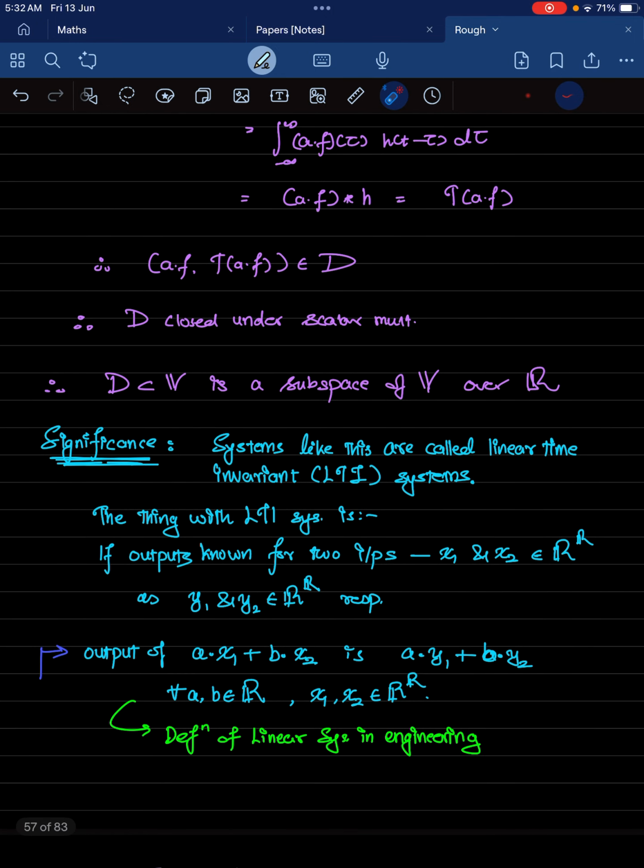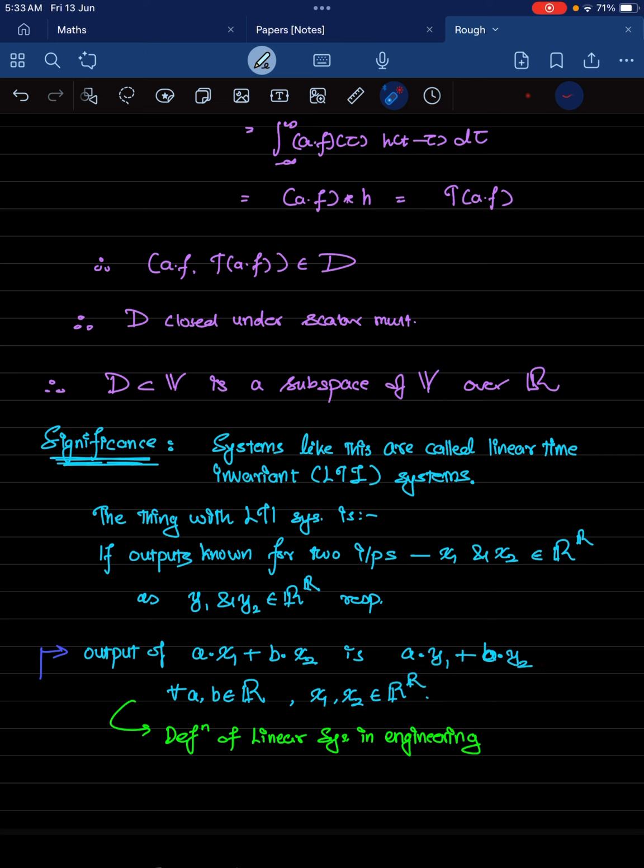Why? Because if we have any two inputs, x1 and x2, which are real functions by the way, with known outputs, we know what their output is going to be, and the output is going to be y1 and y2, which is again some other real signal. If we know this, then we also know the output of any linear combination of these two inputs. So a times x1 plus b times x2. The output for any linear combination of two inputs whose outputs are known is going to be the same linear combination of the outputs.